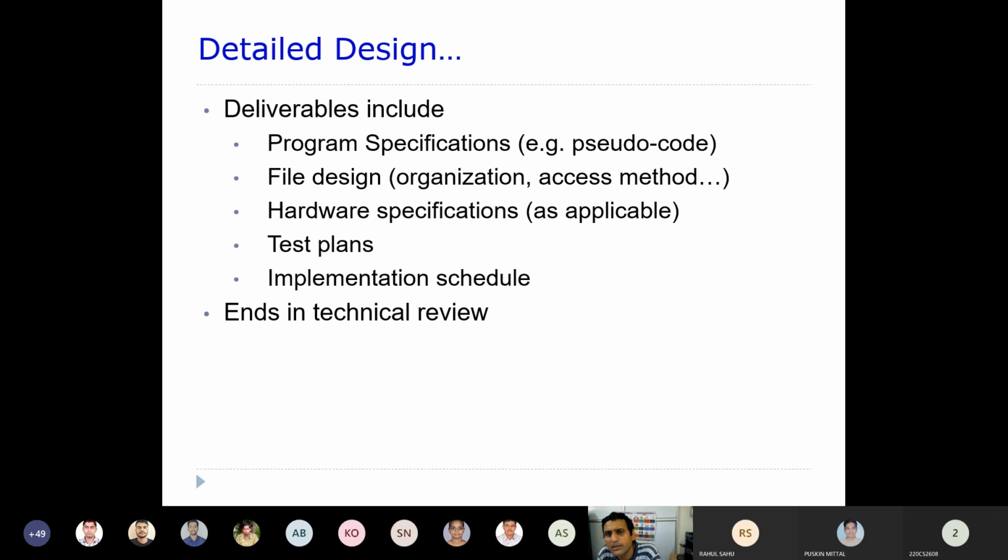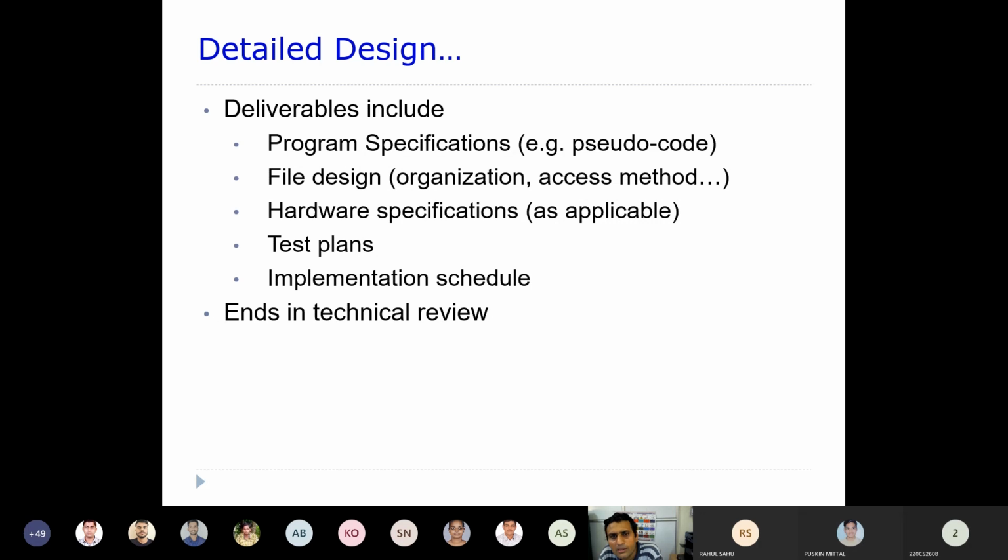That is the reason the program specifications should be given: how you are going to access or organize the data, what sort of data structure you need to use, whether a file structure or a data structure, and how you are going to store and access the data. If any hardware is involved here, you will be providing specifications for that hardware as well.